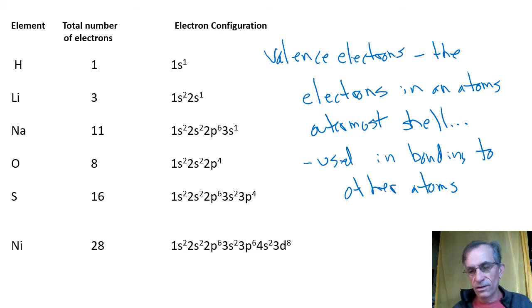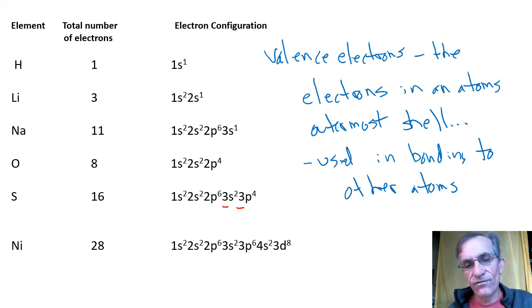One way you can know the valence electrons is to write out the electron configuration. You look for the highest numbered shell, and you figure out how many electrons are in that shell. Sometimes that shell might be divided up into two parts, so you'd have to add them together.